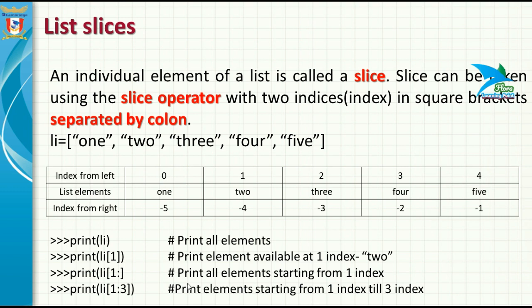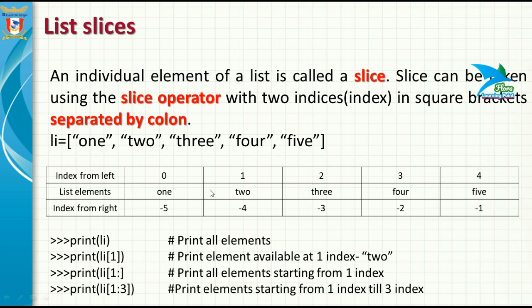For example, here we are having a list of elements 1 2 3 4 5, and as we know, every element stored inside the list is stored by using an index. So we can make use of the index from left to right or right to left also.